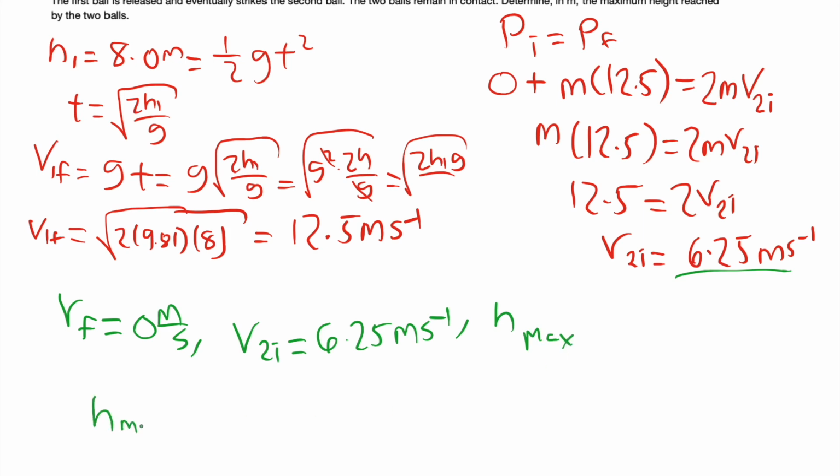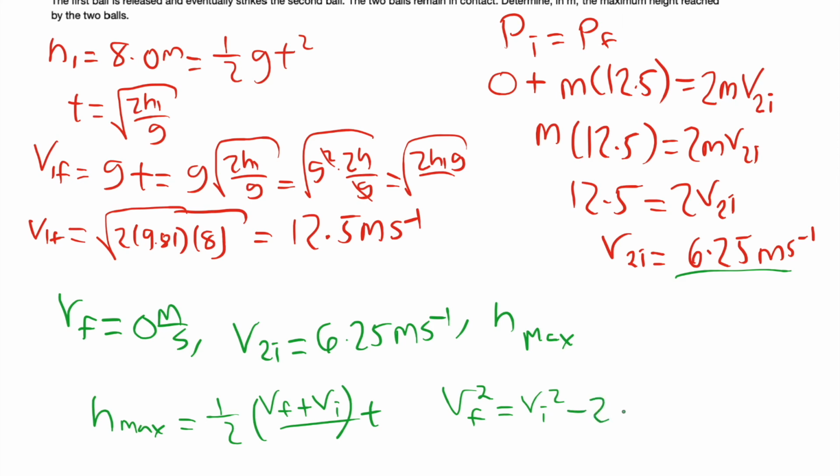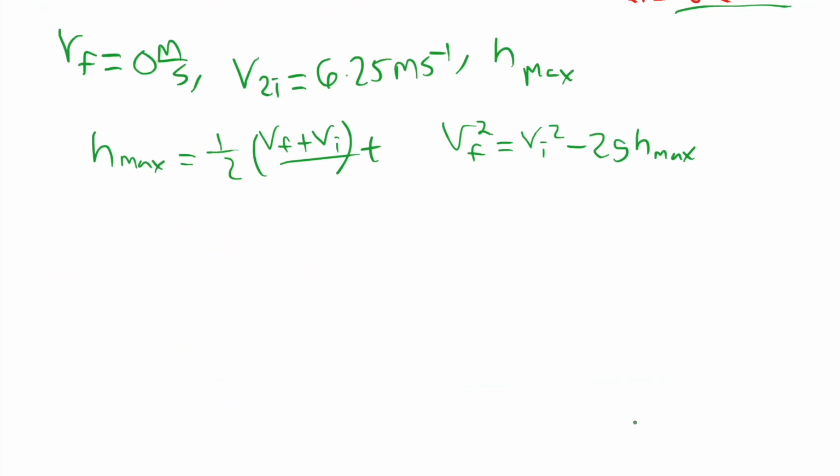We know the maximum height is equal to a half times the final velocity plus initial velocity times t, the time. But we don't know the time. So how do we find the maximum height? We can use the formula: final velocity squared is equal to initial velocity squared plus 2 times acceleration times the displacement. In this case, acceleration is due to Earth, so it's g, and the final velocity is 0.